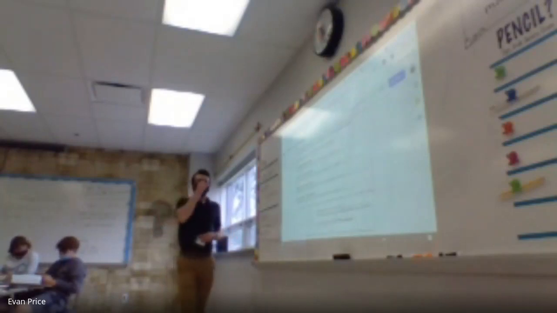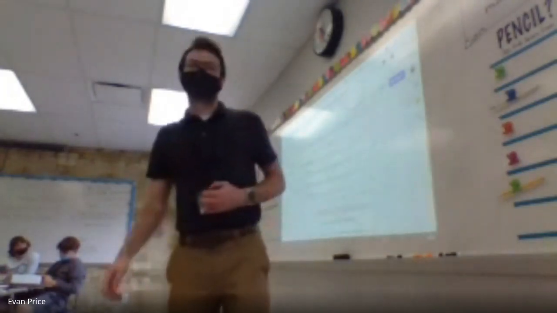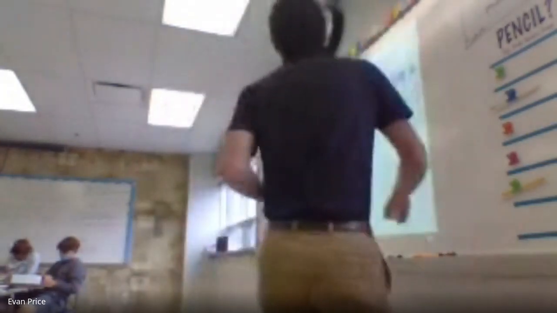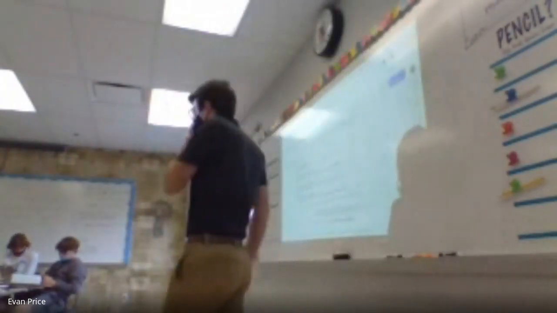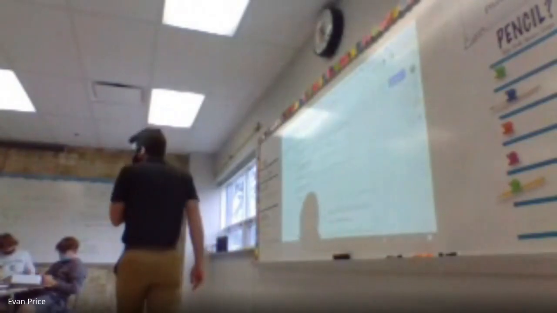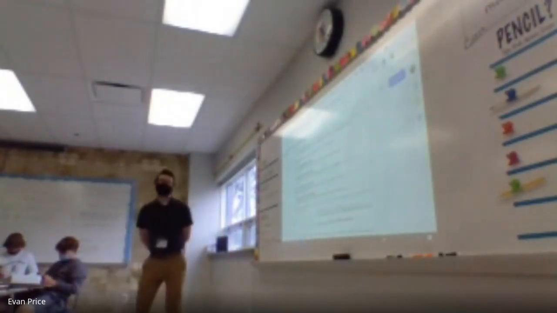All right. So once you get into your Chromebooks, you're going to type in this URL. It's up at the top of the next page. I'll give you a minute to get to that URL.